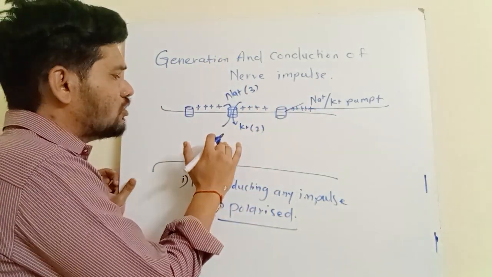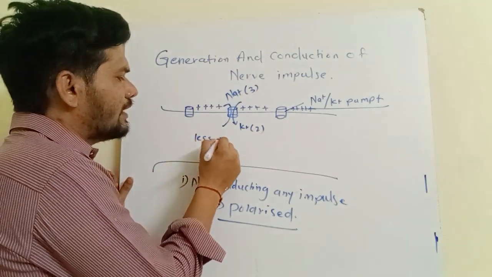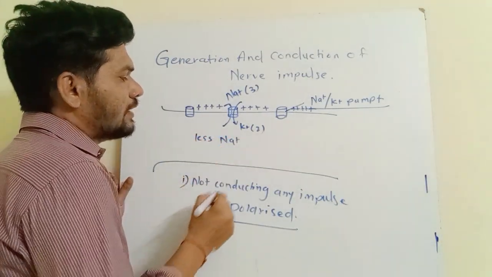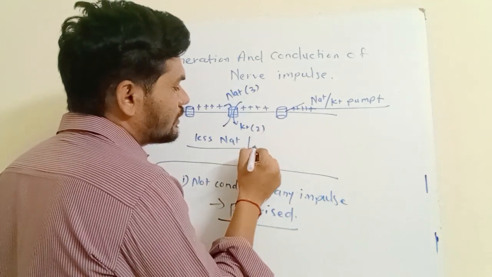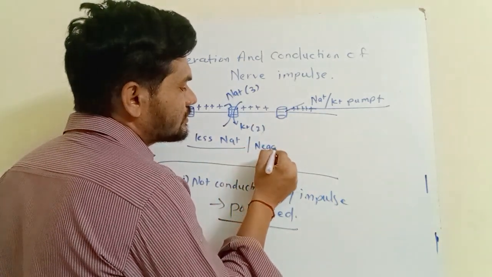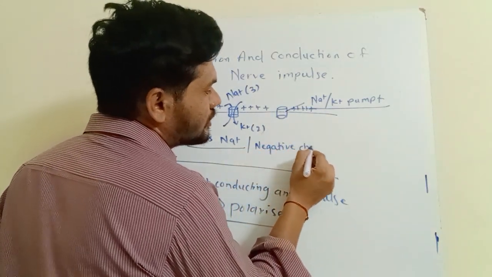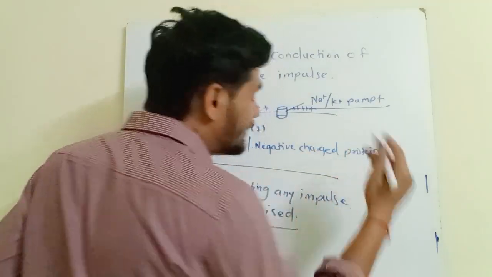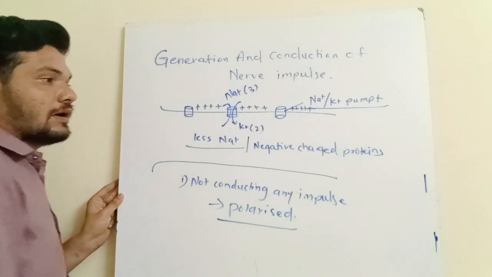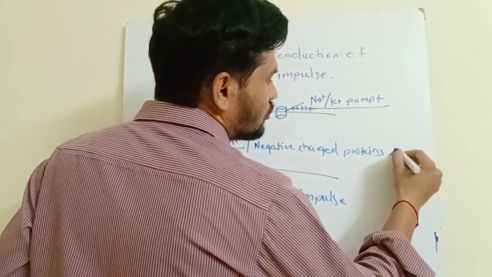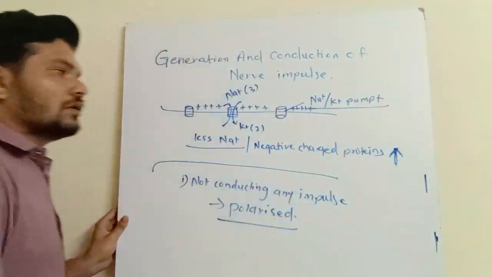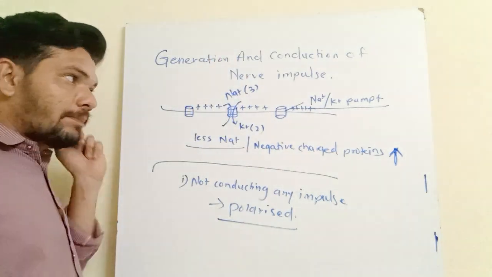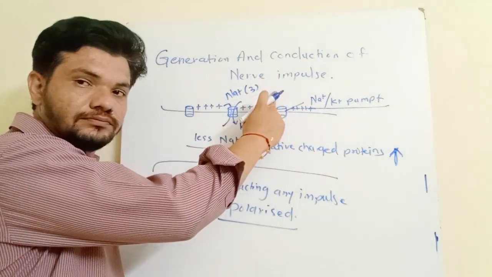Less Na plus inside, and because of negatively charged proteins present in the axoplasm in much more quantity than the fluid outside the axoplasm.